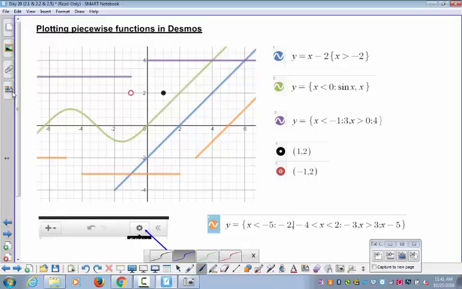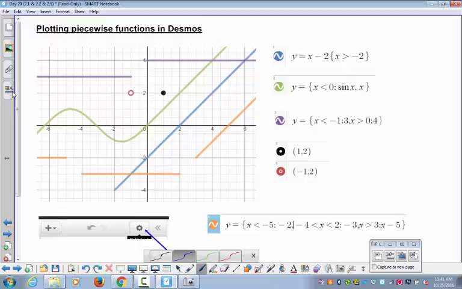That's what that says. So it's going to be y equals sine x when x is less than 0, comma, otherwise, the rest of the x's are graphed using this function. Okay, so that's a second way to do a piecewise defined function.